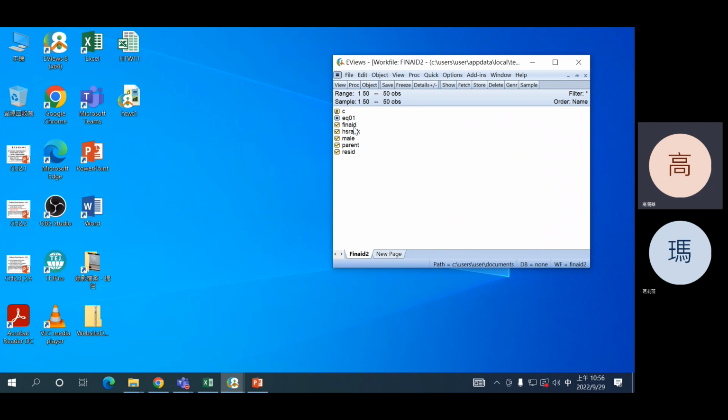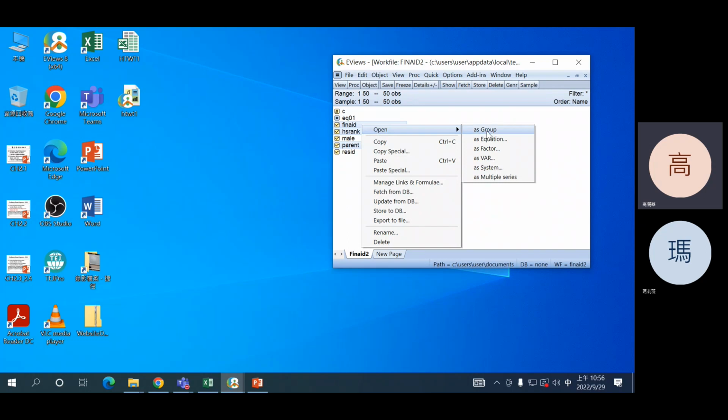Let's see all these variables first. I can also highlight all the variables, maybe in the same sequence, and open them as a group.